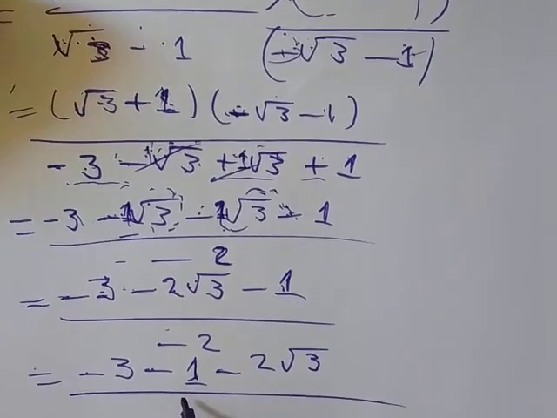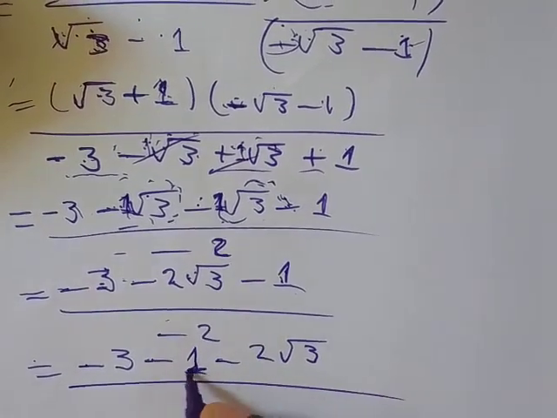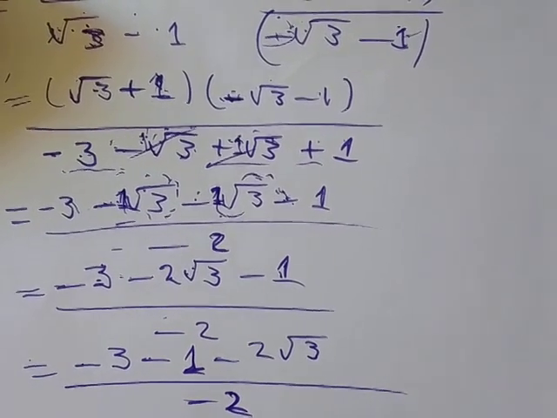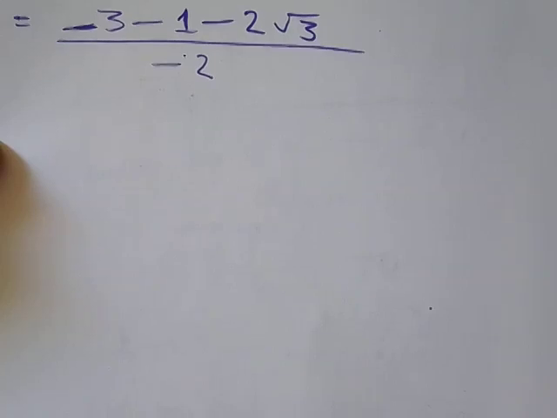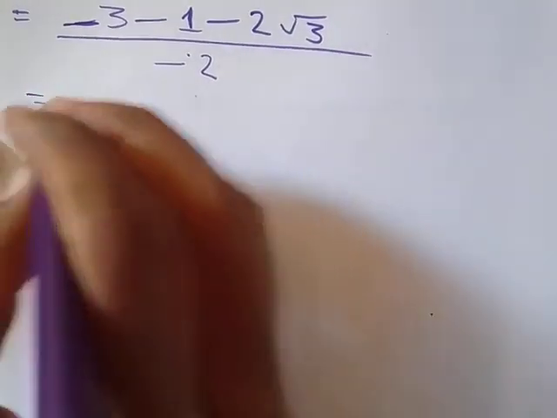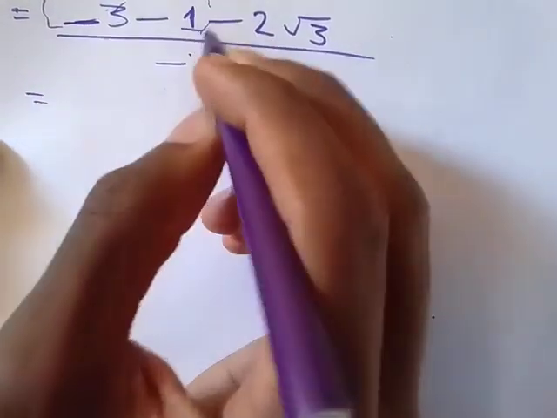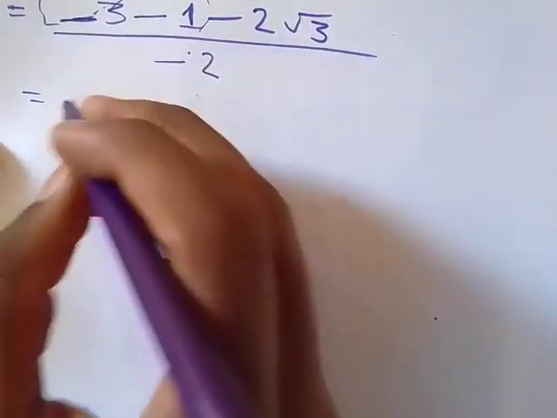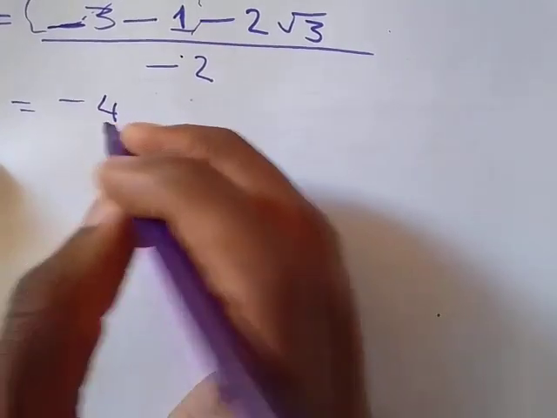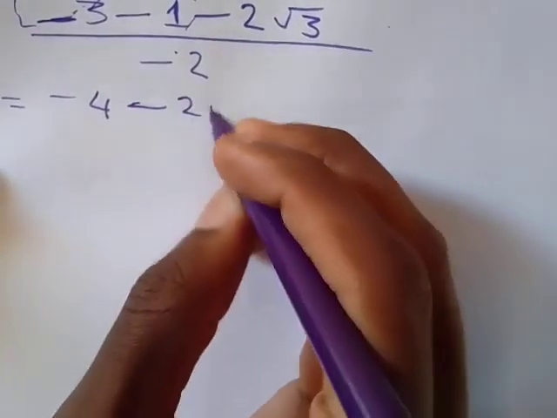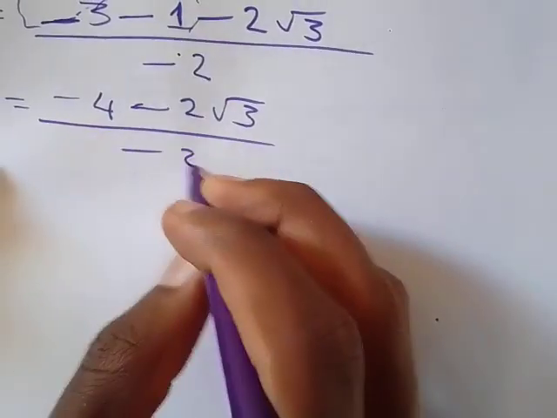So now in the denominator you're having 2. Now you're going to evaluate. So these are like terms. Negative 3 minus 1, you're going to get negative 4. And then you're going to say minus 2 root 3 there, over negative 2.